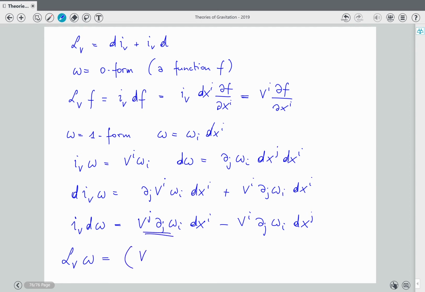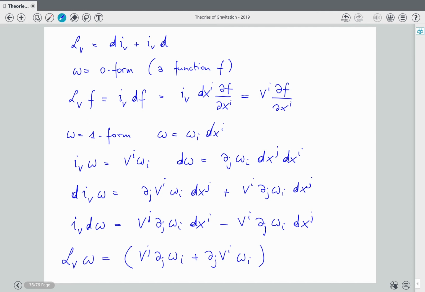Let me write the second one first. Vj partial j omega I plus partial j vi omega I. This must be j, because I have to differentiate.